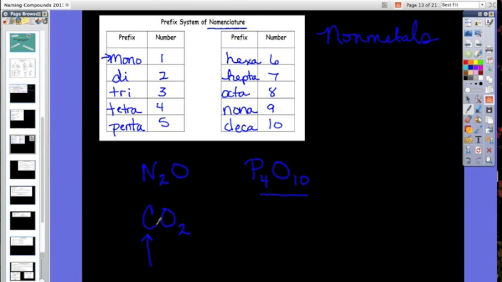If it's the first element and there's only one of them, you don't ever put a 1 on there. You don't put the mono. And then carbon monoxide would be 1 carbon and 1 oxygen. So you wouldn't say carbon oxide, you would say carbon monoxide because there's 1 of them. So you can take any name of a compound if it uses the prefixes, and you can write the formula. Very, very easy to do.